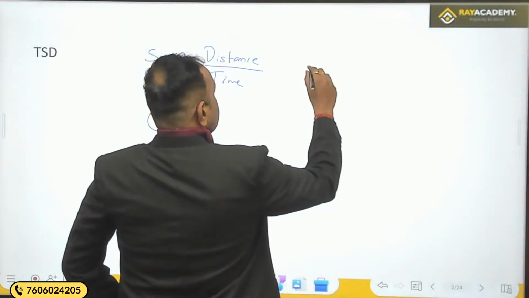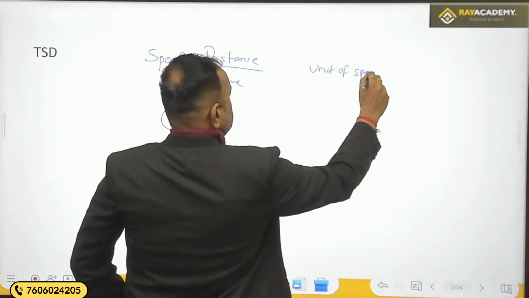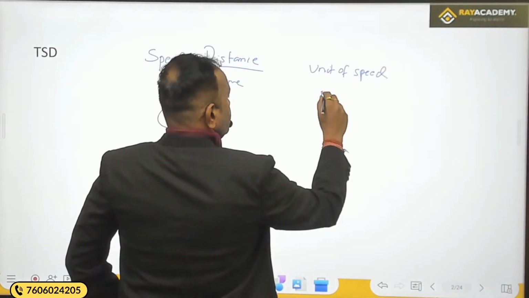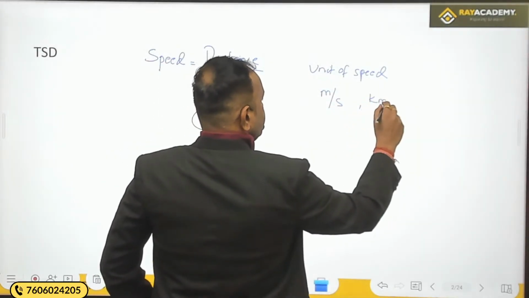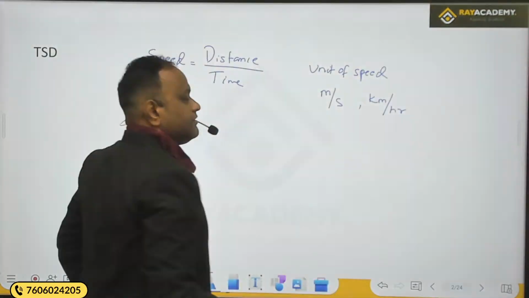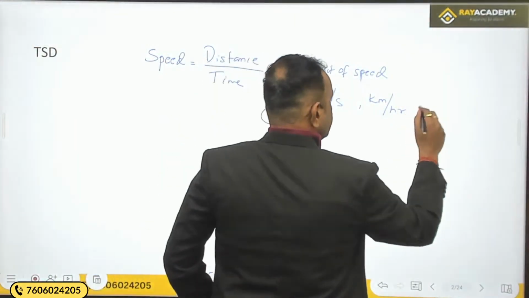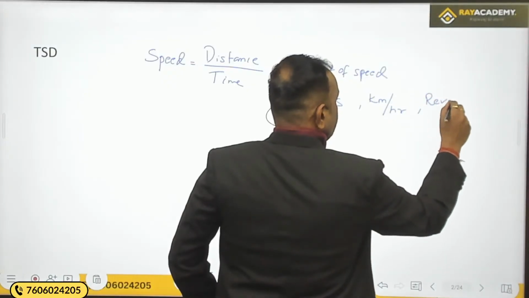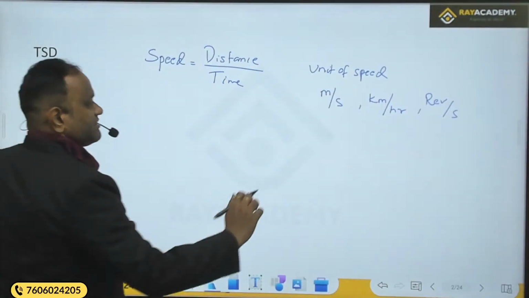And what is the unit of speed? Either you can say meter per second or kilometer per hour, or if it is revolving in a circle, then sometimes the question has revolutions per second or minute or hour, whatever.